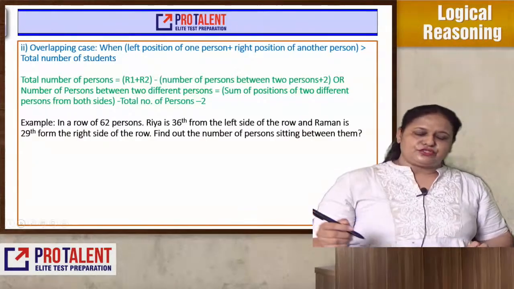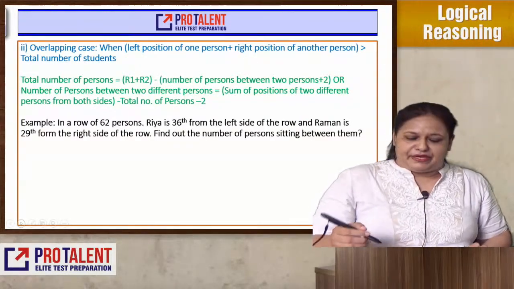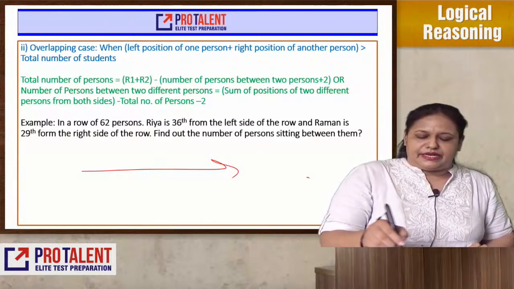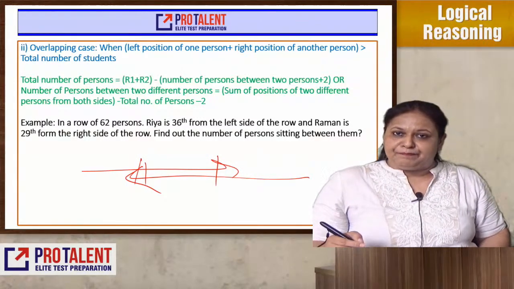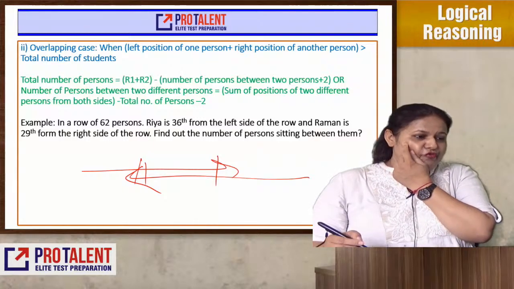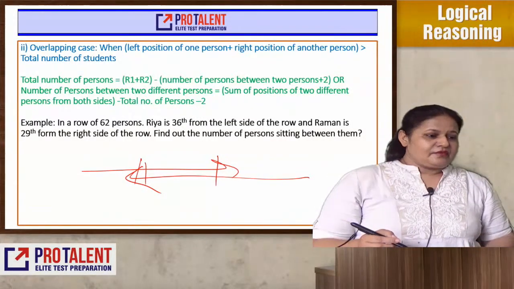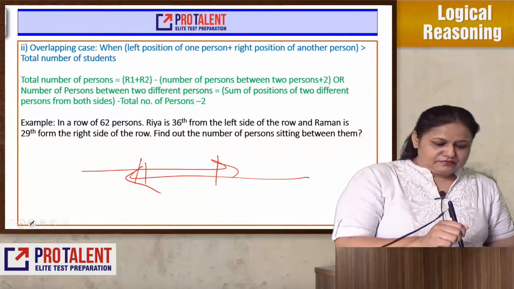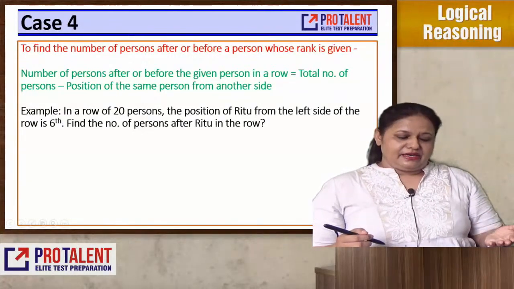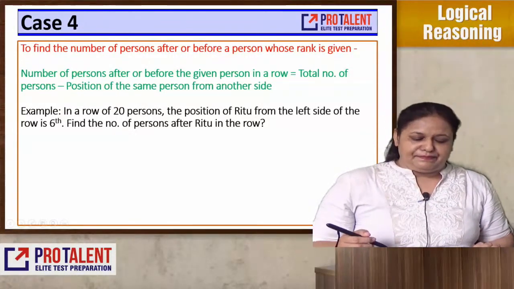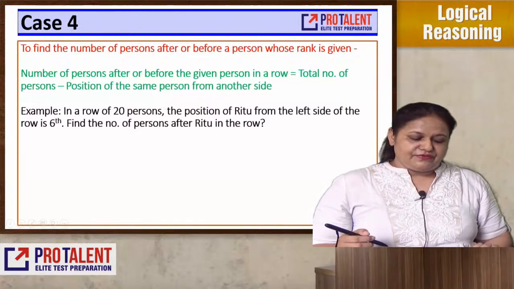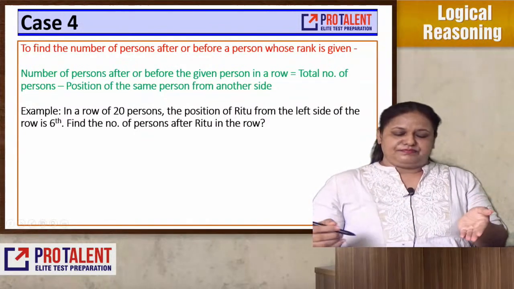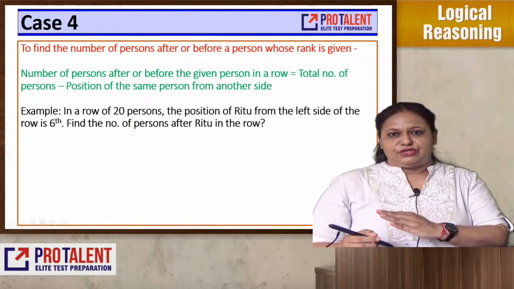Let's move on to the next question, where it is an overlapping. Someone from here and someone from here, and then the number of people asked between them. This is basically the case of overlapping, right? Let's see the question in example. In a row of 20, the position of Ritu from the left side of the row is 6. So find the person after Ritu in the row.